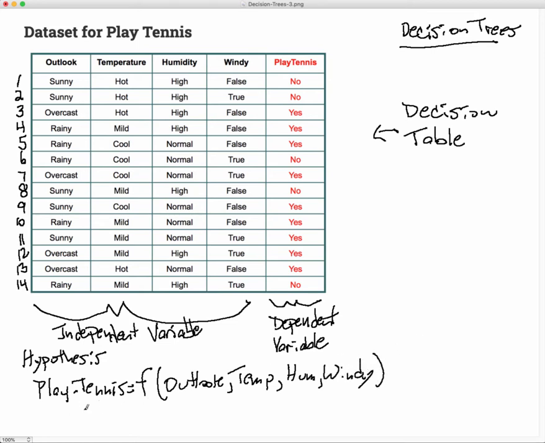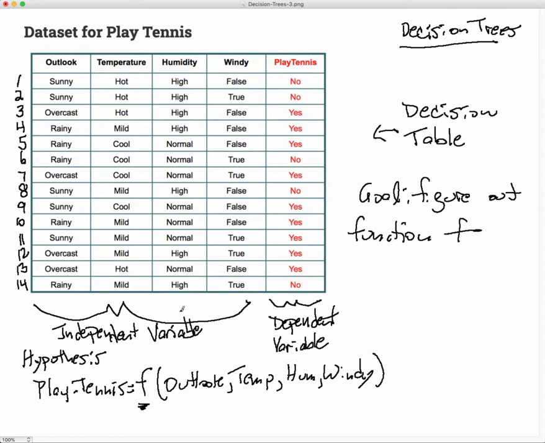Now, the goal here is to figure out what this function is. So the goal is to figure out function f. And when I say function f, I'm referring to this one over here.